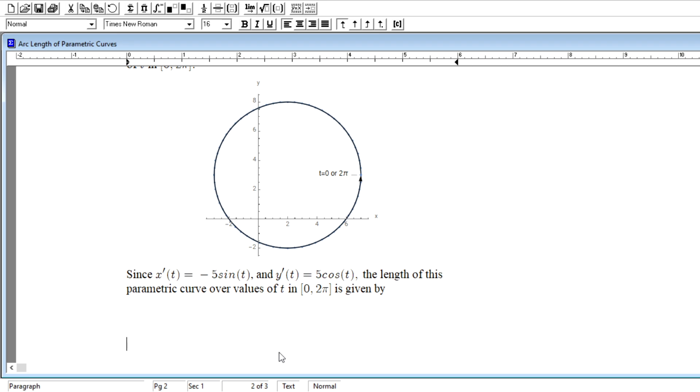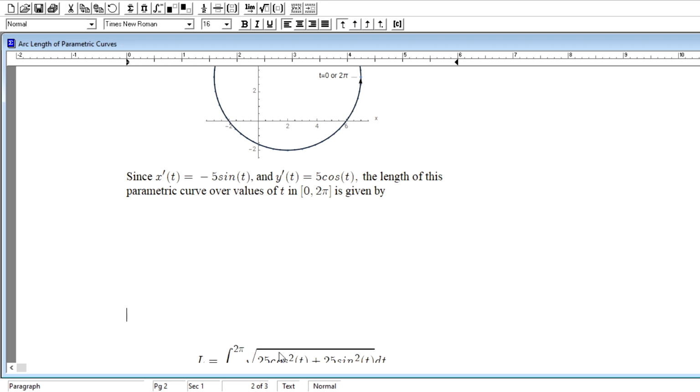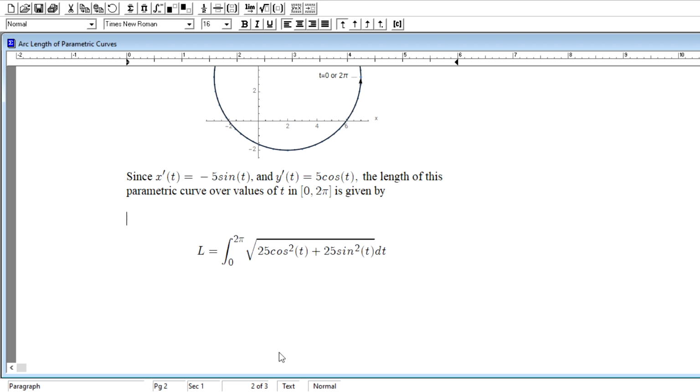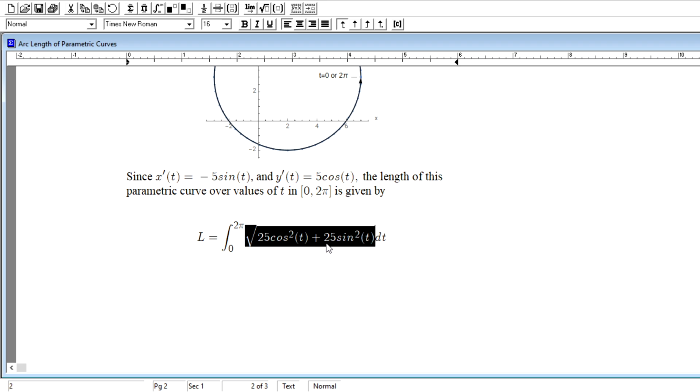And if we drop that underneath a radical, we will build the integrand to this calculation given here: the square root of 25 cosine squared t plus 25 sine squared t, evaluated for t from 0 to 2 pi.